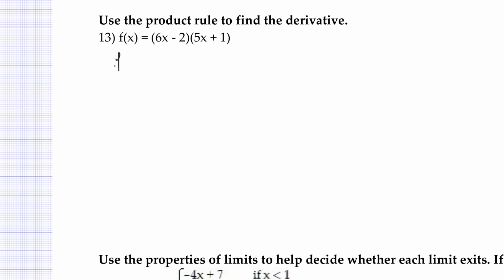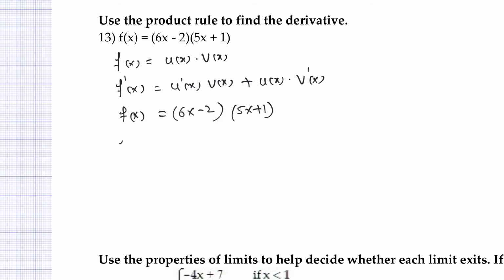Use the product rule to find the derivative of f of x equals 6x minus 2 times 5x plus 1. If a function f of x is equal to the product of u of x times v of x, both differentiable at x, then the derivative f prime of x is equal to the derivative of the first function times the second function plus the first function times the derivative of the second function.